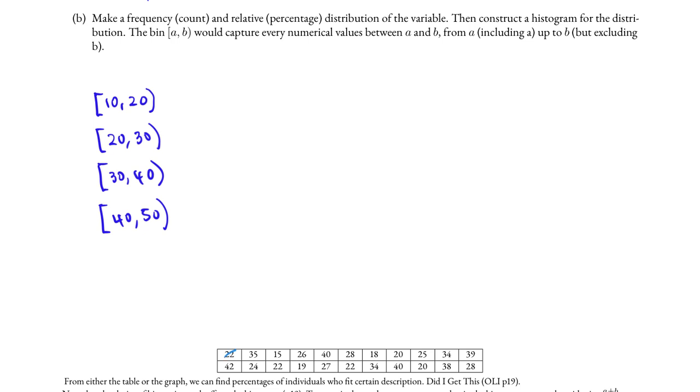And so for 22, we will put it in the second bin. For 35, we will put it in the third bin. For 15, we will put it in the first bin, and so on. 26 there.